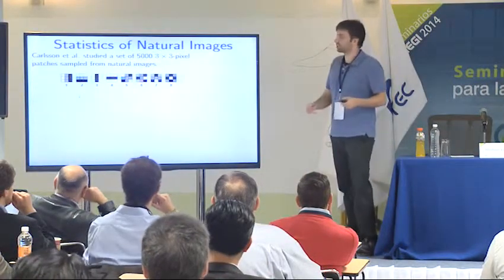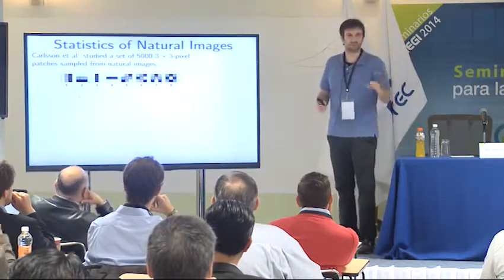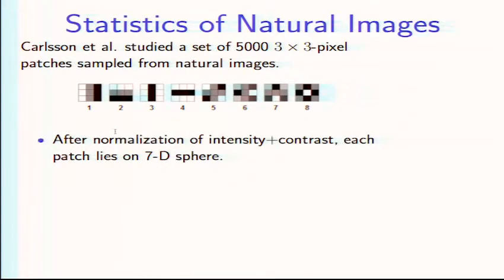Okay? And so this was studied by Gunnar Carlsson and several co-authors, in maybe their journal paper came out in 2008, I think. And they studied a set of 5,000 3x3 pixel patches sampled from natural images, right? So little patches coming from the images that look like the ones that I've drawn over here. There's 8 of them here, okay?